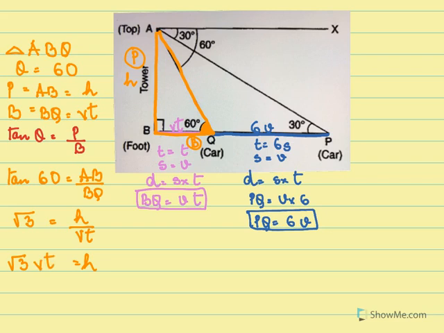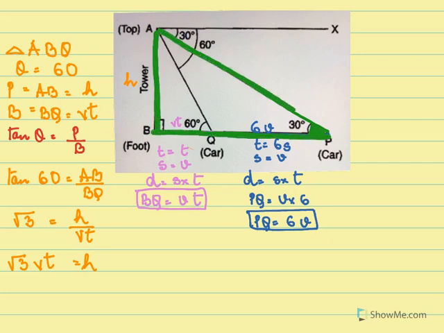Now we take up the next triangle, and the next angle is 30 degrees. So to get 30 degrees, we are going to take the triangle ABP, this triangle, the green one. Let's darken it a little more. Yeah, we take this triangle up and we work the same method.